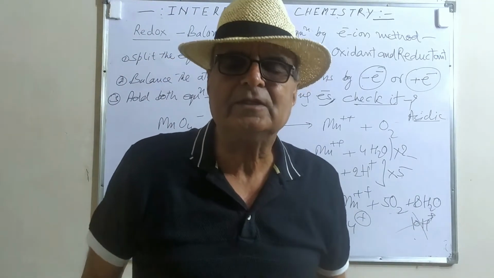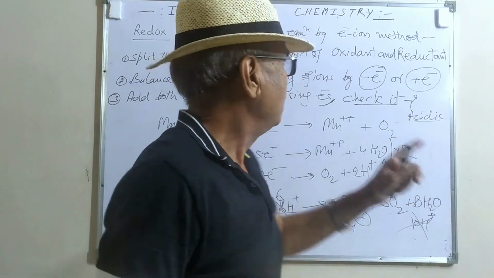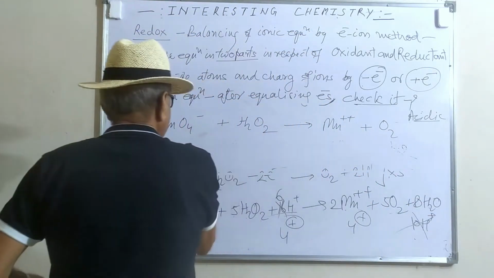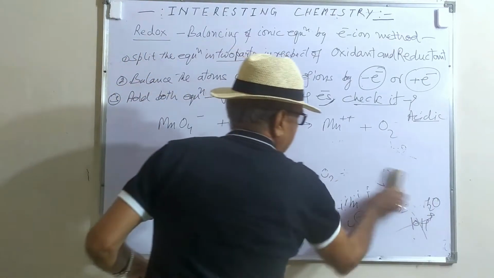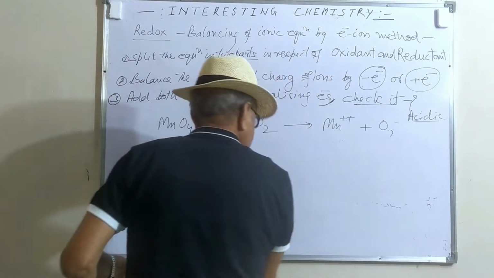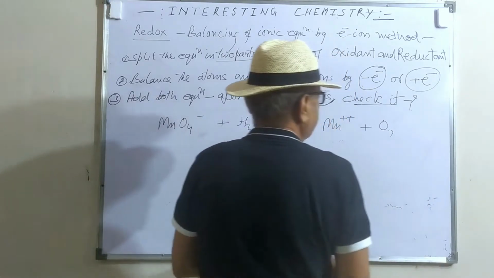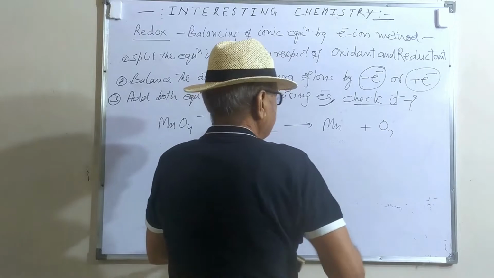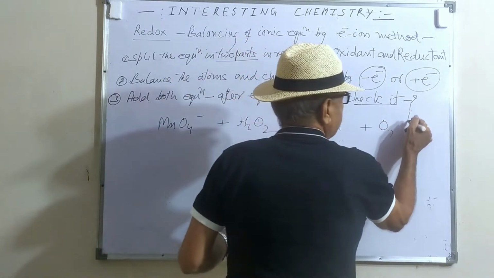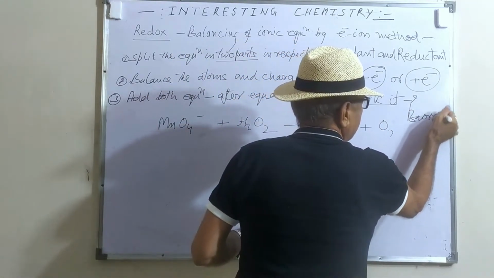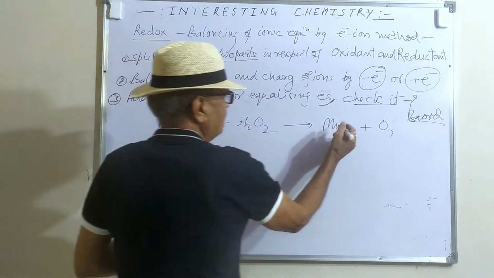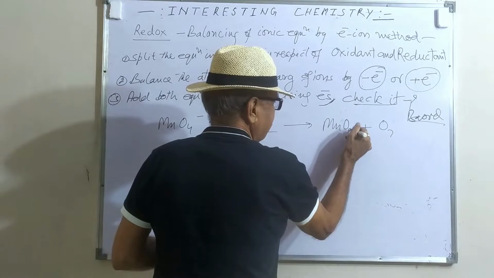Now I am giving the last example for this equation, with a slight change in the basic medium. Please write again in basic medium: MnO4 negative plus S2O2, and here change it, MnO2.